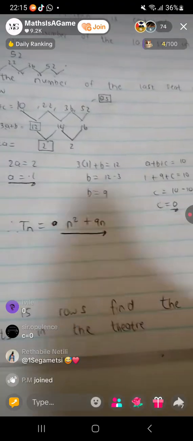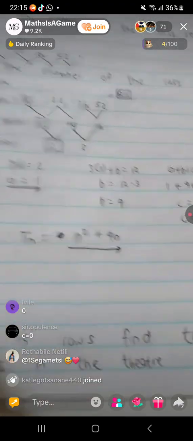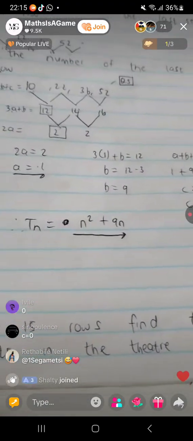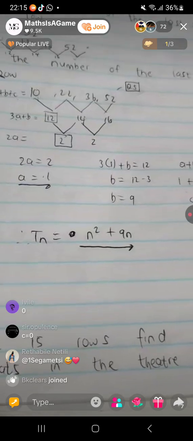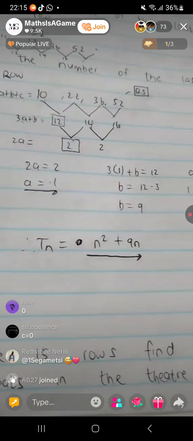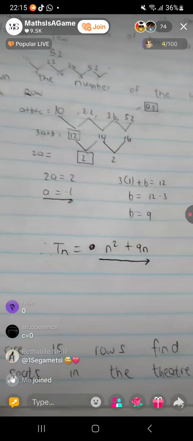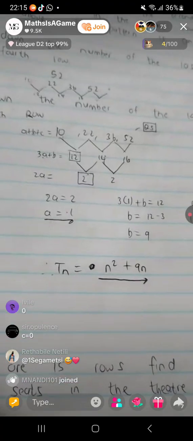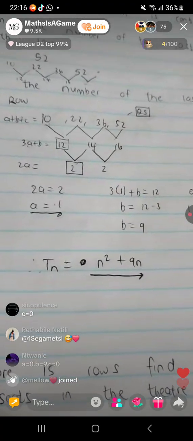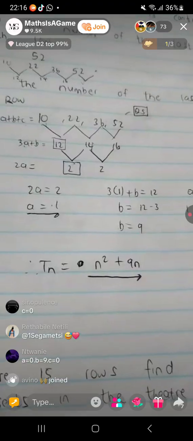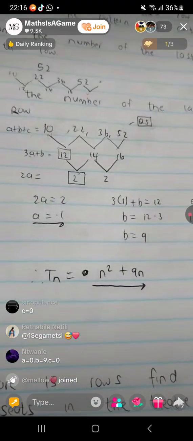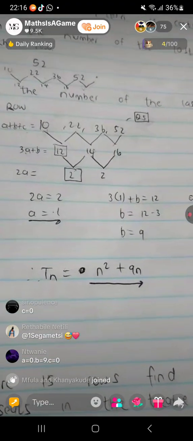Remember that c is going to be 0, and that constant 0, no need to write it right there. So there it is, guys. That's the number of the last seat in the nth row. It's actually going to be n squared plus 9n. Okay, n squared plus 9n.